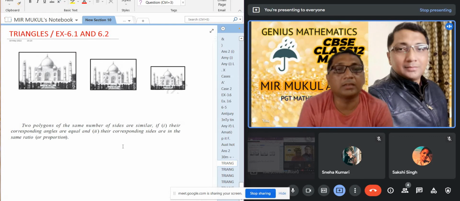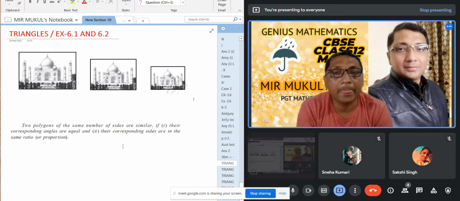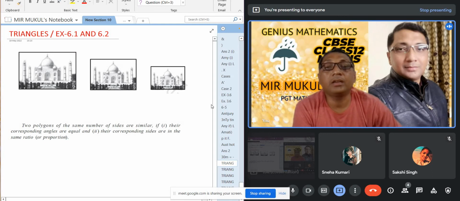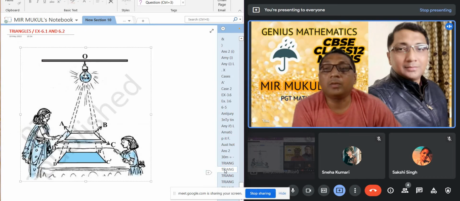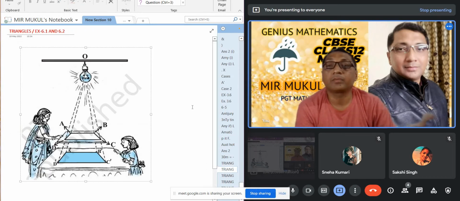Whether it is a triangle, quadrilateral, pentagon or hexagon, if corresponding angles are equal and the ratio of corresponding sides is equal, then we can say that the two polygons are similar. Okay, now see the next slide.